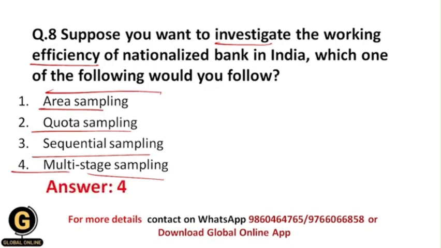So let me explain why. Multi-stage sampling is a sampling technique which is a subtype of the cluster sampling technique. Here the selection of samples occurs based upon different stages, multiple stages. So let me explain how.